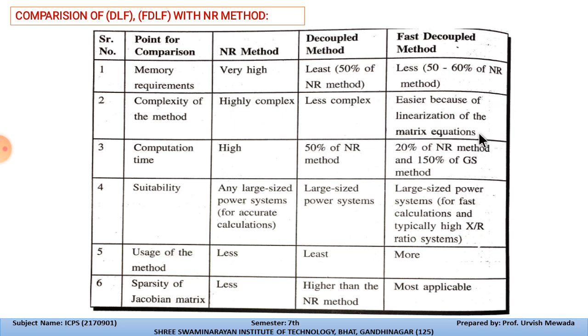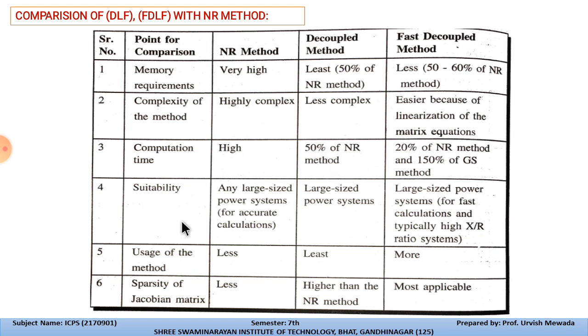Generally we need to solve the matrix related to the number of buses, which is easier in the FDLF method. Then computation time: the computation time required for the NR method is high. In the DLF method it is 50% of the NR method, and in the FDLF method 20% of the NR method and 150% of the GS method. So this is the time for computation of the data for the various load flow study methods.